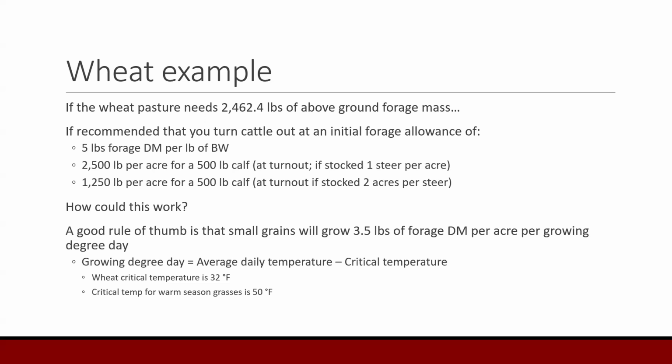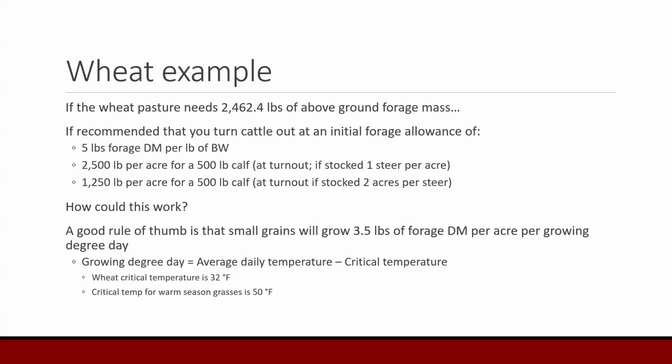Okay. We would need 2,500 pounds of forage per acre for a 500 pound calf if we have it stocked at 1 steer per acre, or 1,250 pounds of forage per acre for a 500 pound calf if we're stocked at 2 acres per steer.